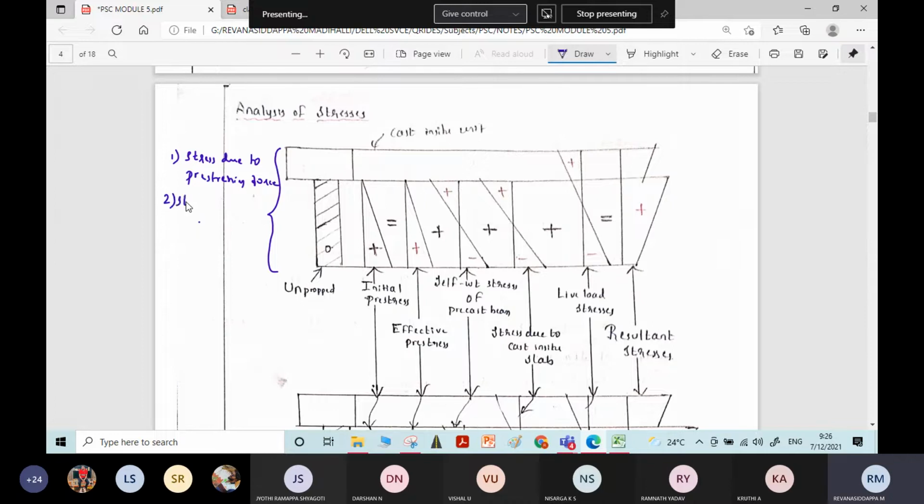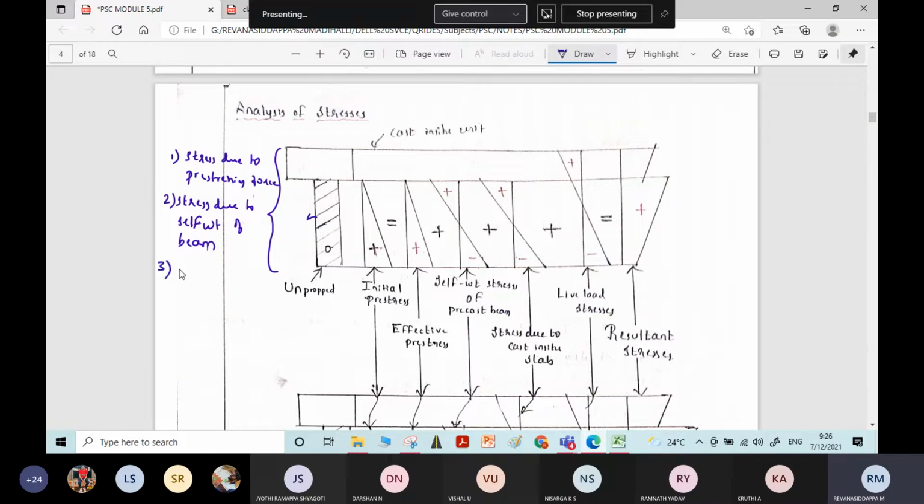Second one is stress due to self weight of the precast beam.